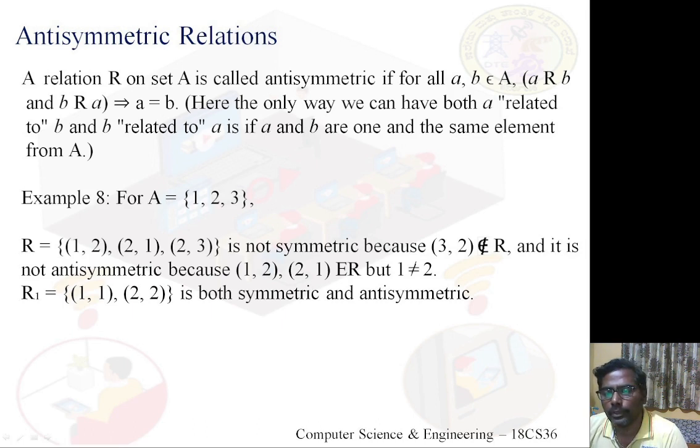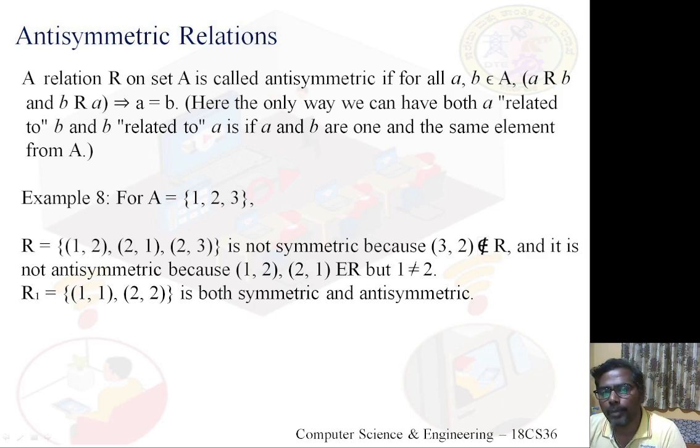Now to call it antisymmetric, if there are pairs of the form (a, b) and (b, a), then a should be equal to b is the condition.